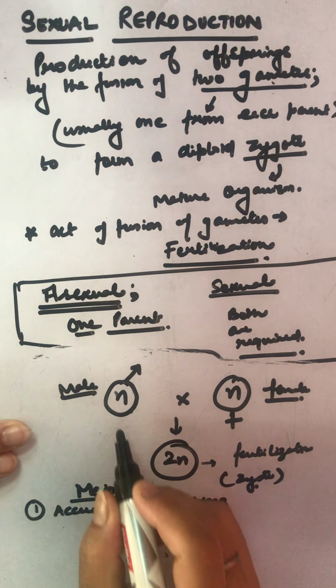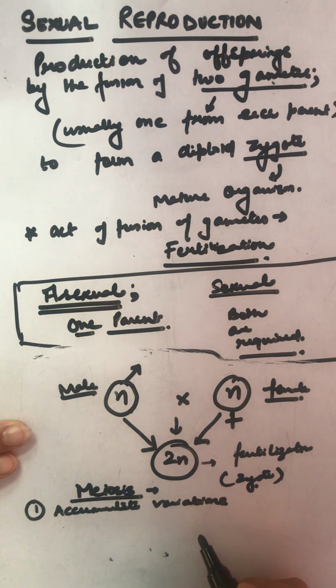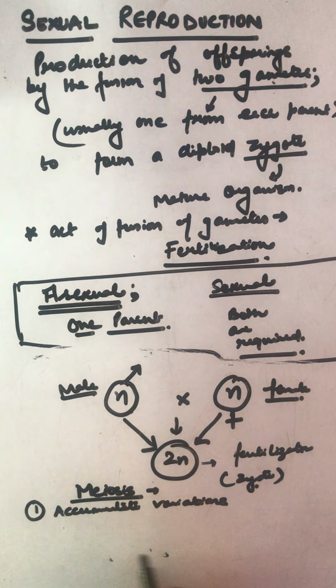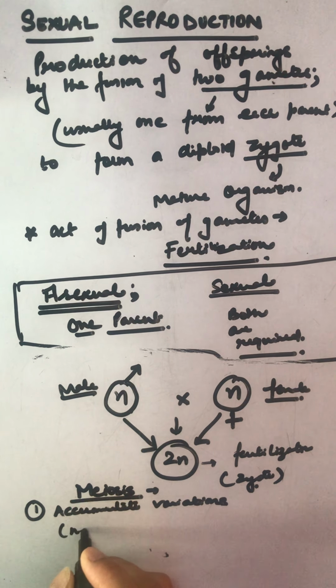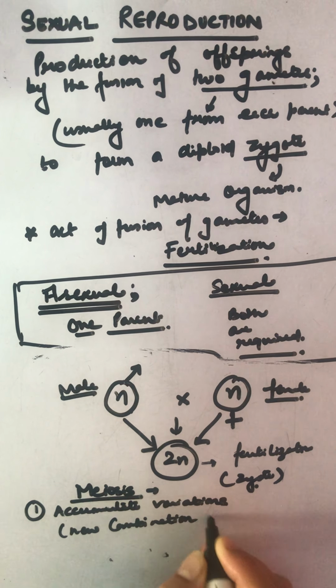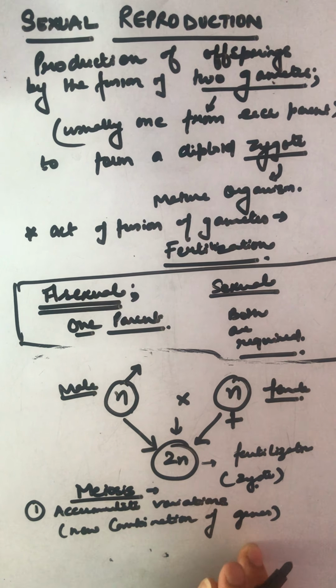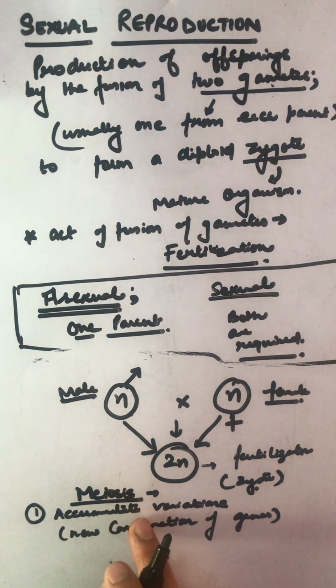This zygote will acquire both the traits and characters. So automatically it is showing a new combination of genes, and it will accumulate variations.